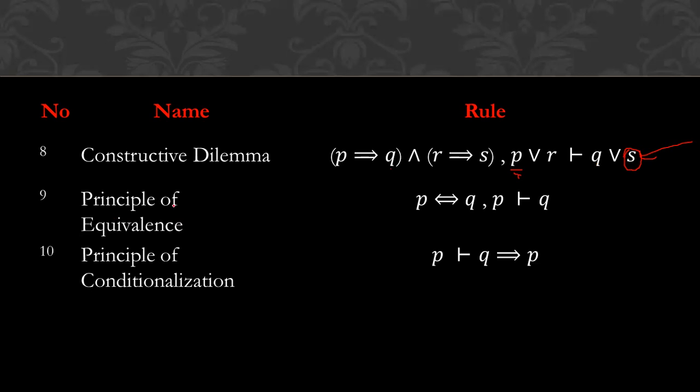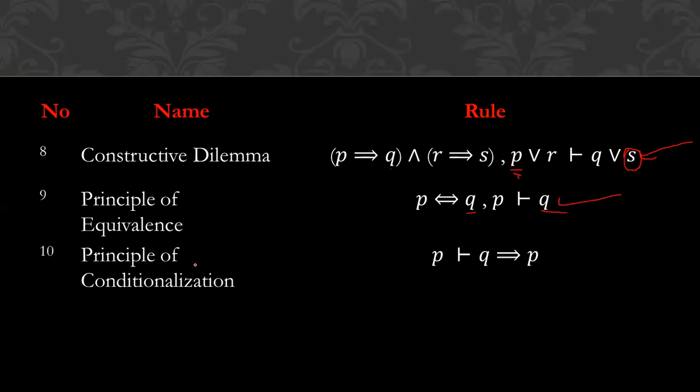The next one is the principle of equivalence. We have P if and only if Q, we have P as the second premise, and the conclusion is Q. P is true here because it is a premise, so for P if and only if Q to be true, Q must also be true, which is the conclusion, therefore this is valid.